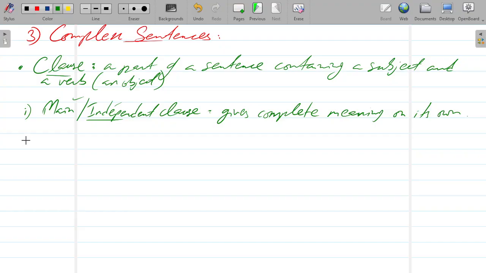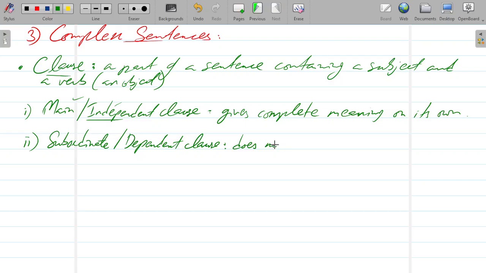Whereas the other type is called the subordinate or dependent clause. And as you could guess, it does not give complete meaning on its own.